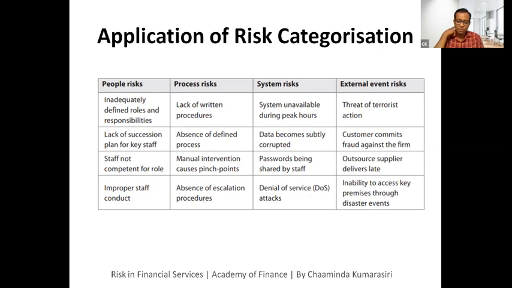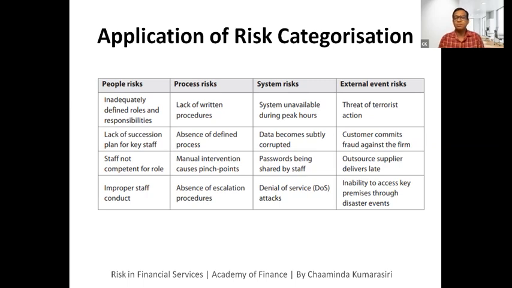If they knew about the issues earlier. Then we have the system risk, system unavailable, that is due to traffic probably, right? Outage, the system can't handle the volume, right? That can be the issue.